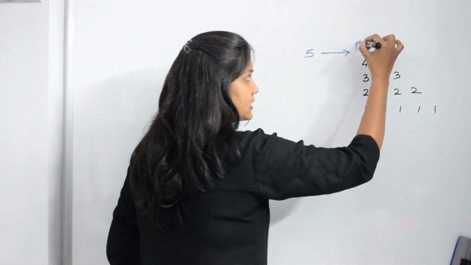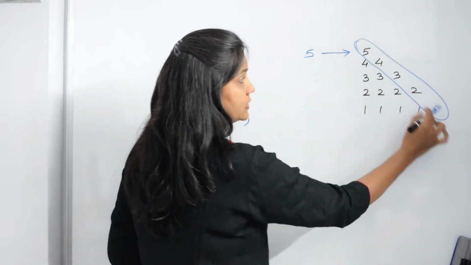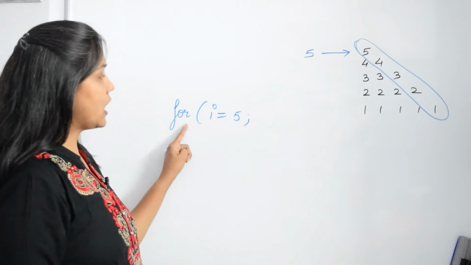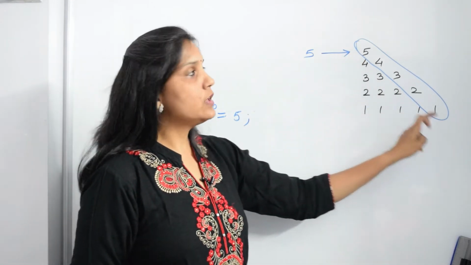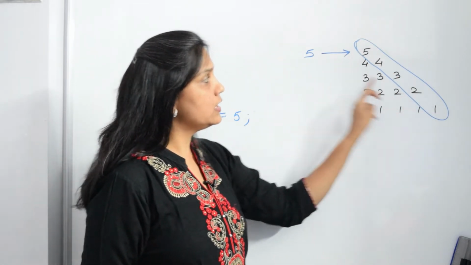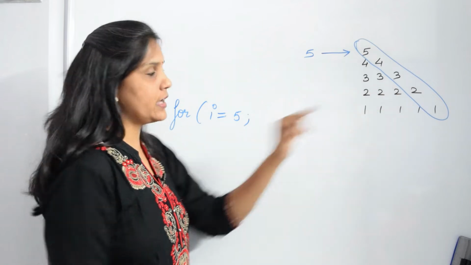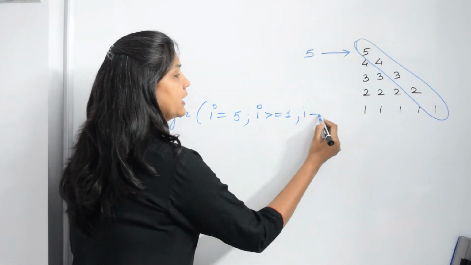And you can see this is varying: 5, 4, 3, 2, 1. So you need to know what is varying and you need to have the outer variable start with that value. Here it starts from 5, then 4, then 3, then 2, then 1. So the outer loop starts from 5 and goes till 1 and I decrement.